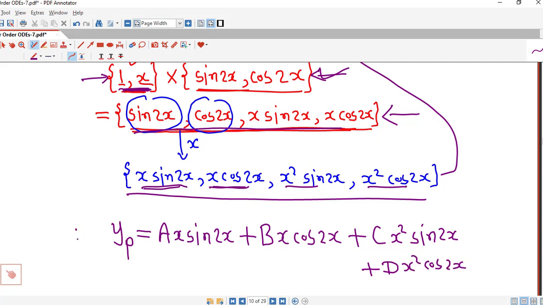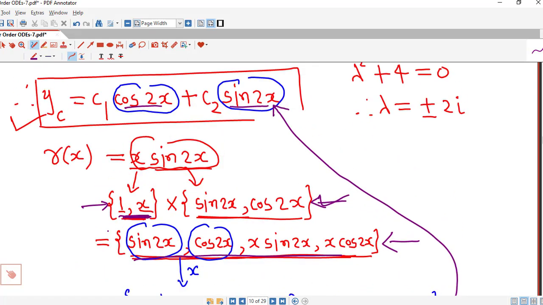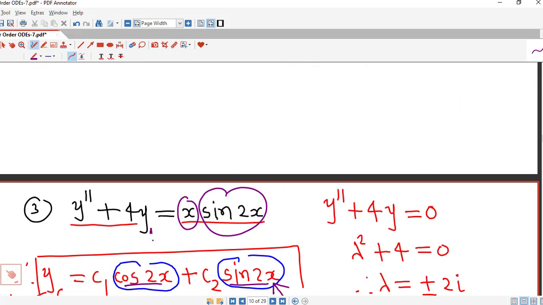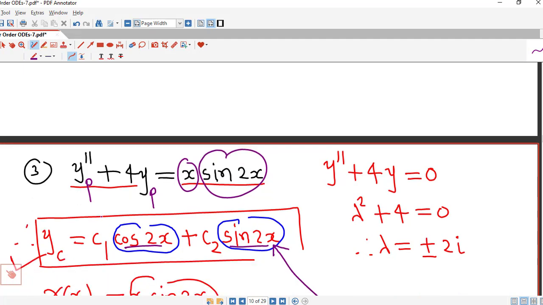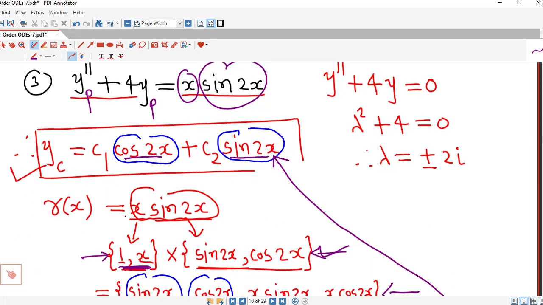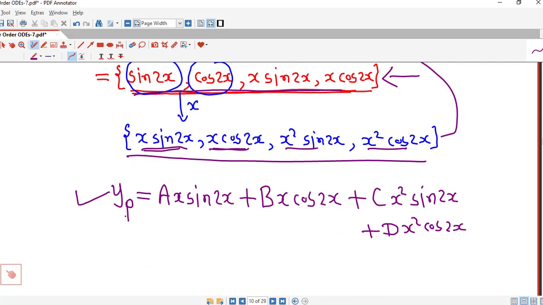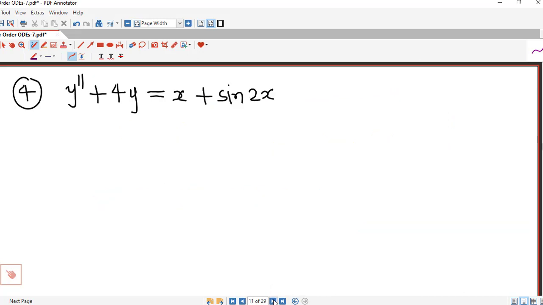After this we have to substitute the values of yp and yp double dash in the given equation, and then after simplifying and comparing the coefficients, we can find out these undetermined coefficients. I am not doing that calculation part. We have done enough examples to explain this type of thing. We move towards the next problem.